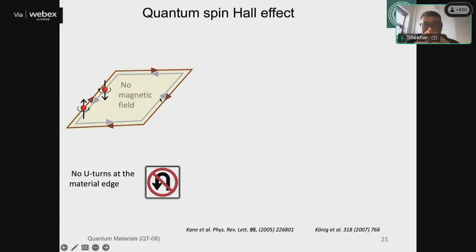Due to spin-momentum locking of the charge carrier, spin and momentum are locked due to SOC. One type of spin goes in one direction and the opposite spin goes in the opposite direction. When you change the spin, that means we need to change the momentum, or direction. That is what happens in the topological insulator.